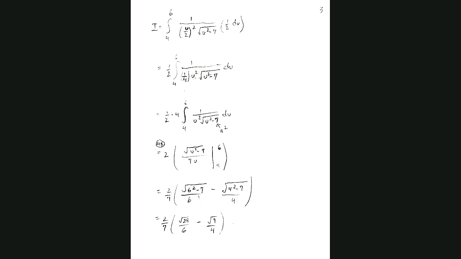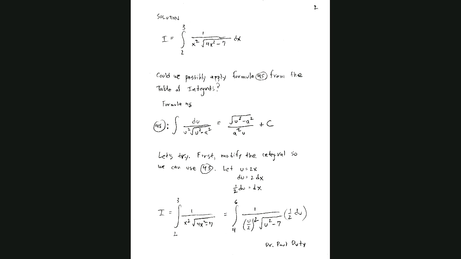Professor, yes, I had a question on this. So I understand for the formula, I know the formula is du divided by u squared square root of u squared minus a squared. How come we didn't need to square root the 7 when we converted?